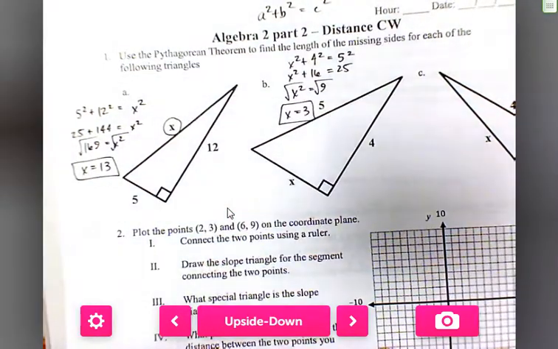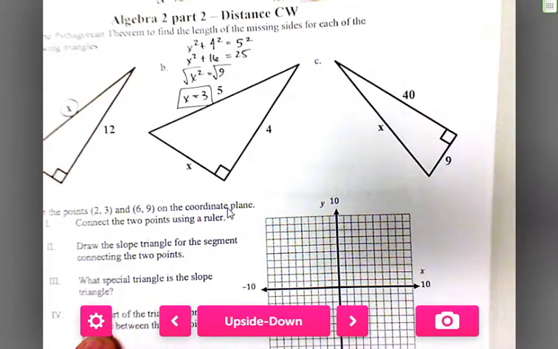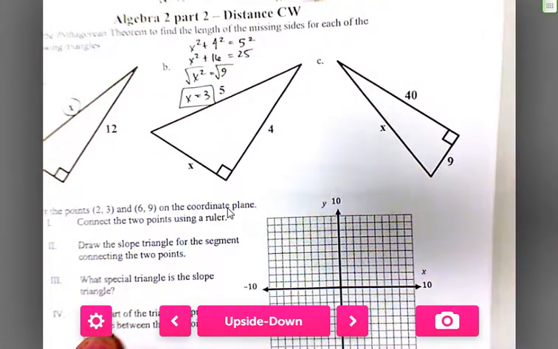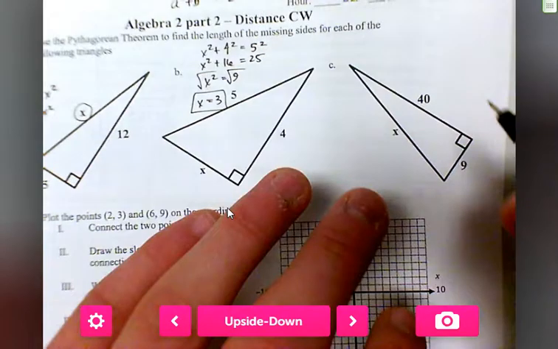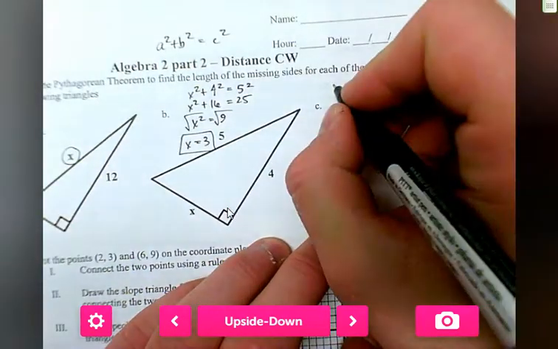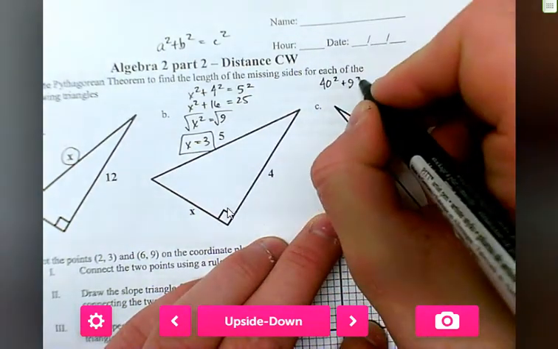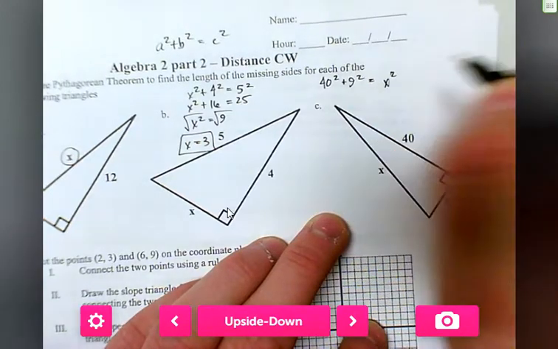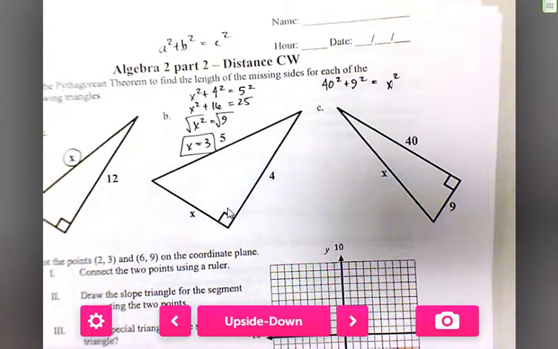Okay. One more. Which one's the C on this one? 40? X. X. Now look at this. It's the diagonal one. The long diagonal one is C. See? Long diagonal one. Okay, so we've got 40 squared plus 9 squared equals X squared. Okay, 40 squared is, I think, 1600.